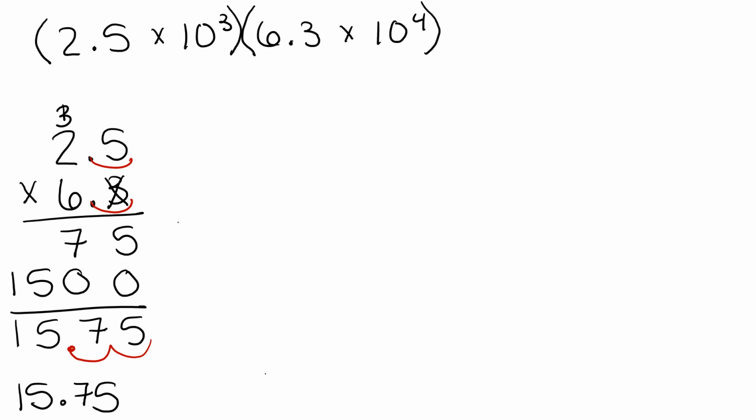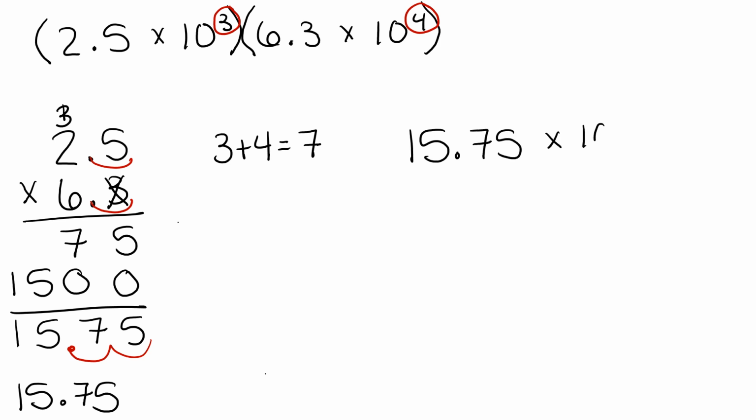Now, when we're multiplying, we would add our exponents together. Those were the exponent rules that we learned back in August. 3 plus 4 gives us 7. We would combine all that information to write our answer. 15.75, always times 10, to the 7th power.